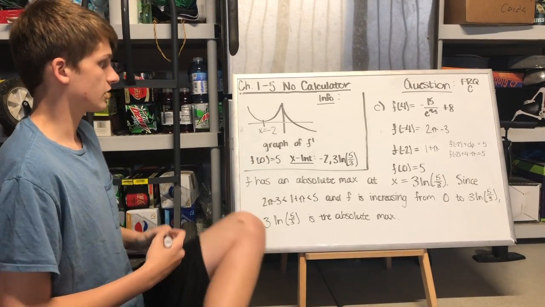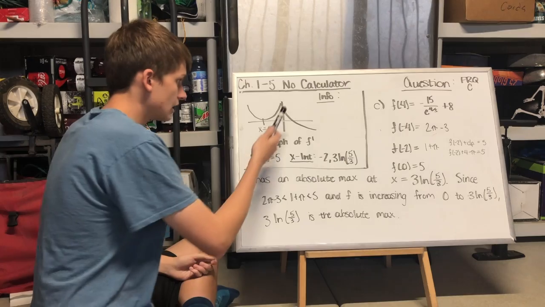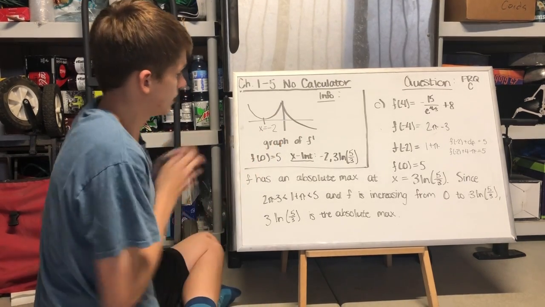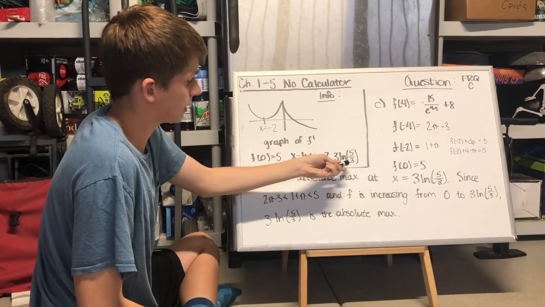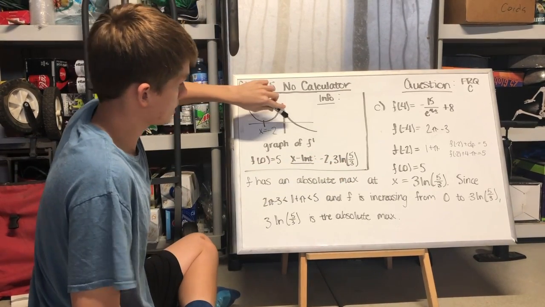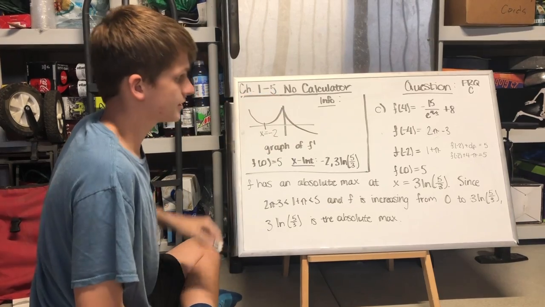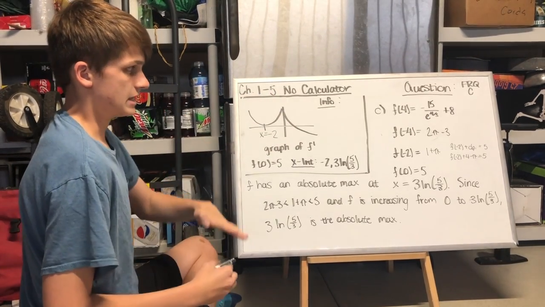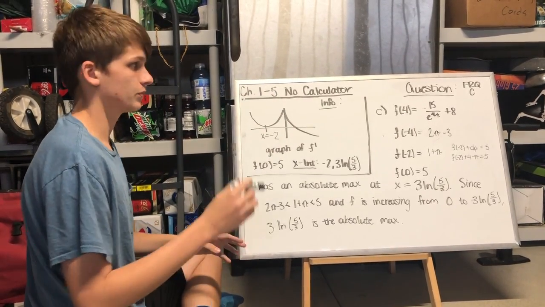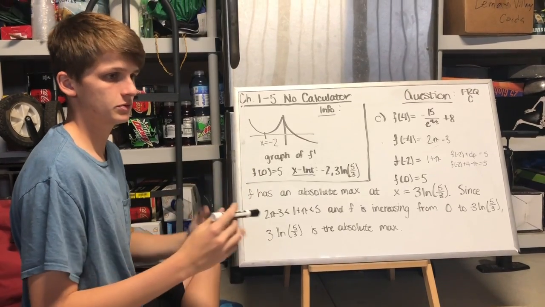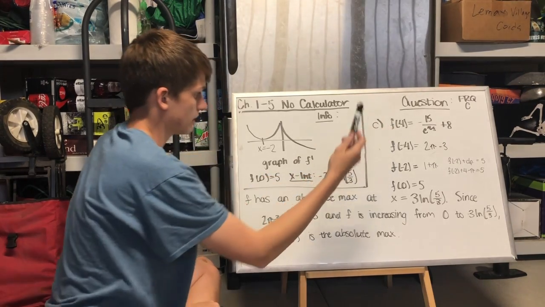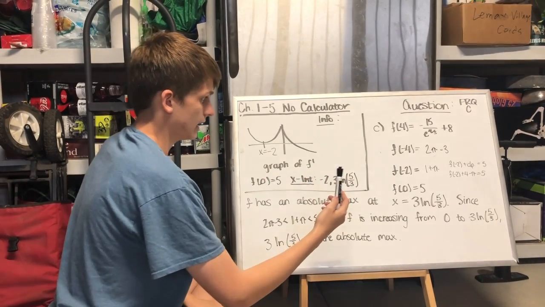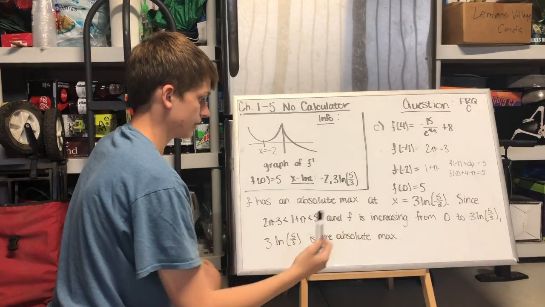The reason is that the graph of f prime is positive up until it hits the x-intercept 3 natural log of 5/3. Once it passes 3 natural log of 5/3, the graph starts decreasing, meaning that f's values will become smaller, meaning that f of 4 must be smaller than f of 3 natural log of 5/3.